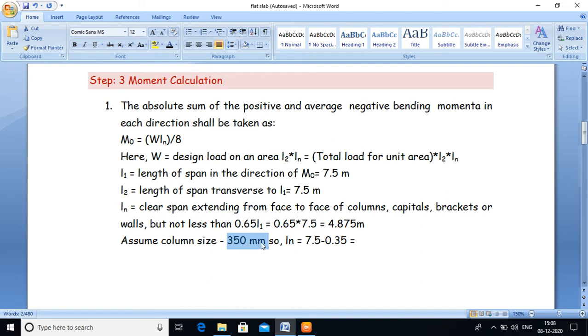When we assume this column size as 350, we get the value of Ln as center to center distance 7.5 minus the size of column in meter, 0.35, and if we do that calculation, we get 7.15. Now see here we have two values, one is the minimum value and another is the maximum value. So we will take the maximum value for the calculation. So the Ln value we are going to take is 7.15 meters. 7.15 meter is the Ln value, that is nothing but the clear span. Okay.